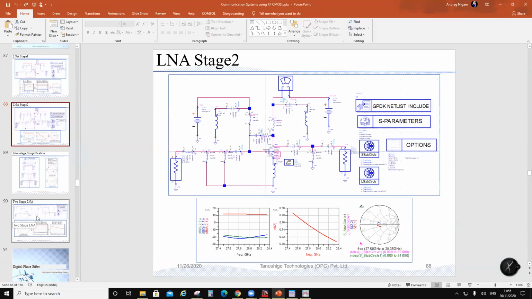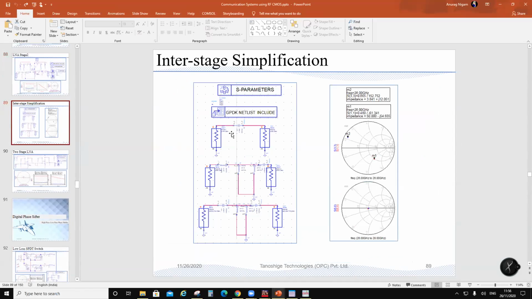So what did I do for simplification? I wanted to see what a 50 ohm looks like. In the case of the first stage, all the matching element was this guy. Then I want to see what the input looks like on the second stage. So 50 ohm is transformed to the load for the first stage, and 50 ohm is transformed to the source for the second stage.